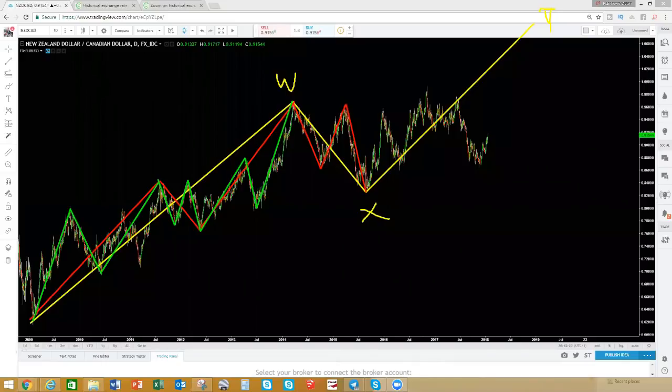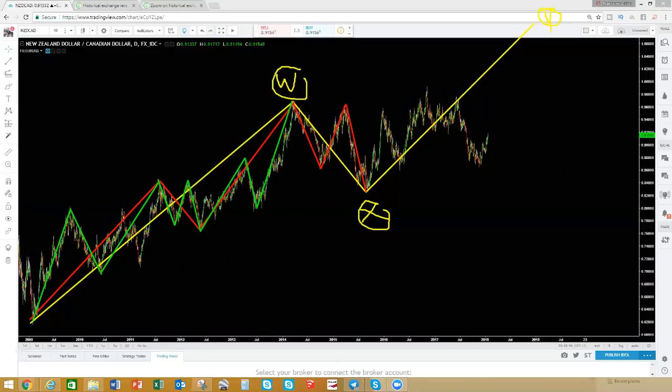So I've got the highest degree, which is my yellow. Let's put in the labeling for now. So this is my yellow. This is my W, X, Y. And then, under the yellow, you've got 3 waves in red. Under the red, you've got 3 waves in green everywhere. 3 waves in green, 3 waves in green.